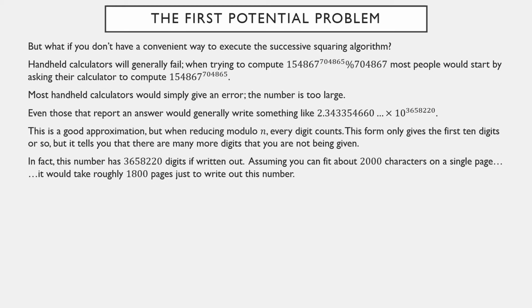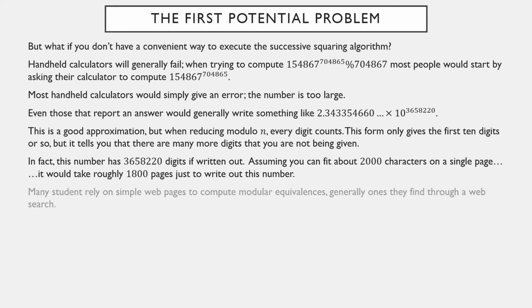Okay, so a calculator is not going to show you the whole number, but if you want to reduce it modulo n, you really need to know every single digit. So we definitely need technology to simplify this, and many students will do a quick internet search for something like compute values modulo n, and you'll find a wide variety of resources, a lot of which are personal web pages coded by school instructors.